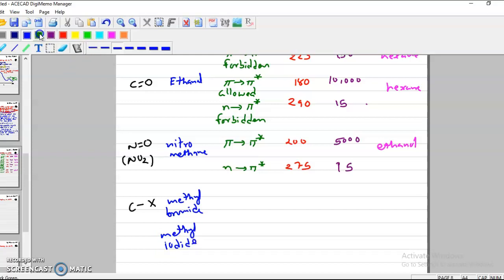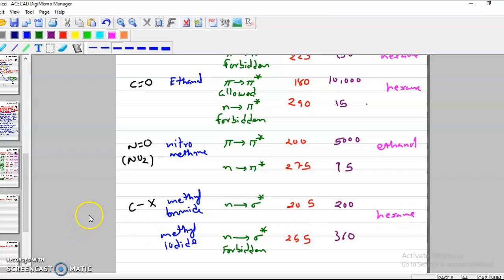And in both the cases, the transition would be n to sigma star transition. And you know that n to sigma star transitions are forbidden because the plane of symmetry rule is not allowed here, and therefore lambda maxima would be not so interesting, but epsilon maxima is very low in both the cases, 200 and 360 only, so we'll get a very small peak, and here the solvent is hexane.